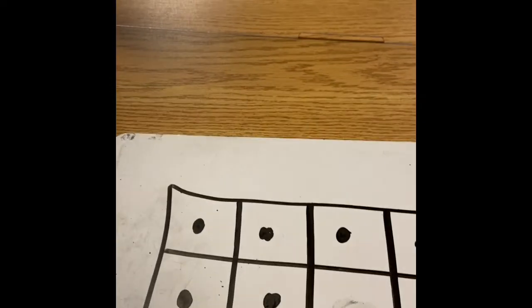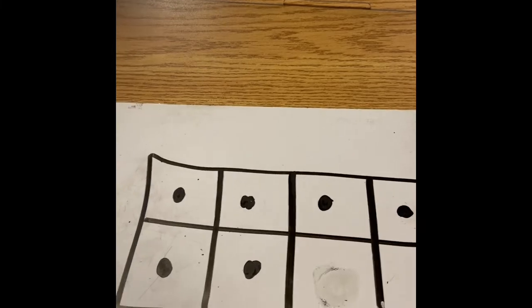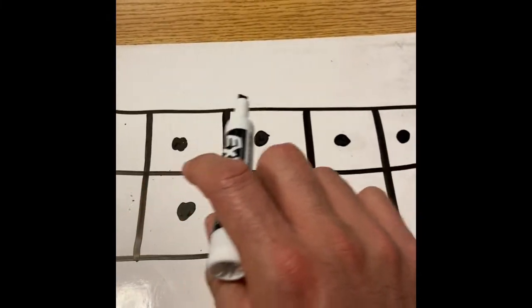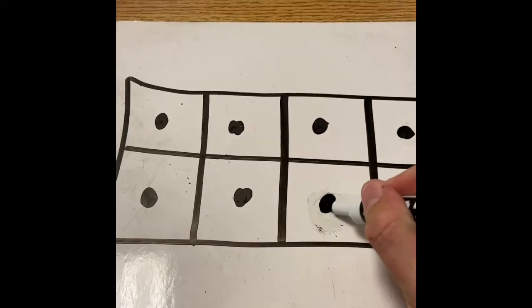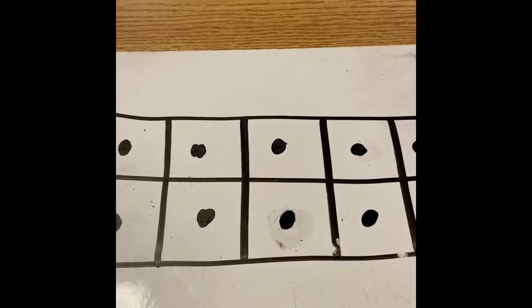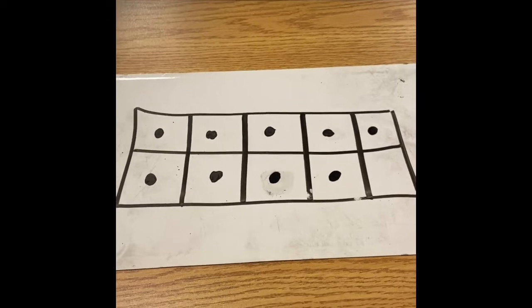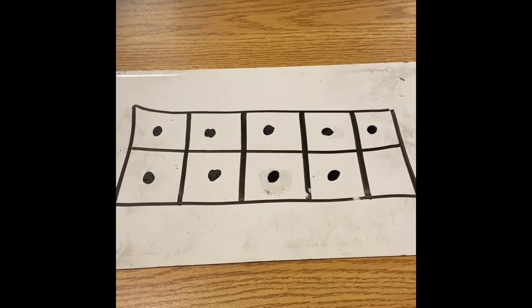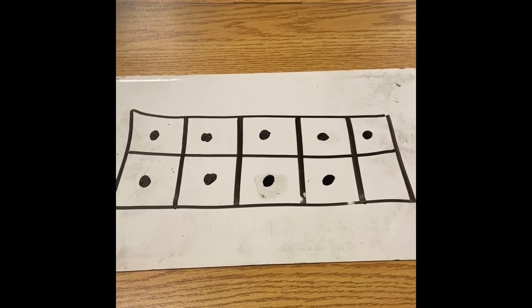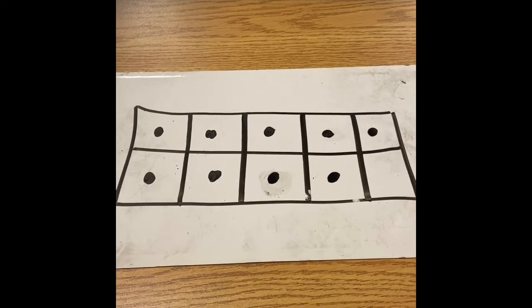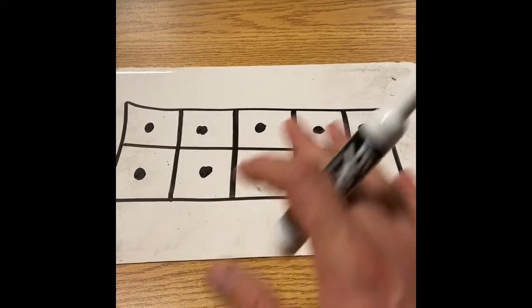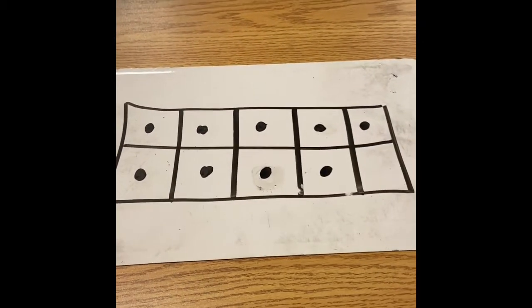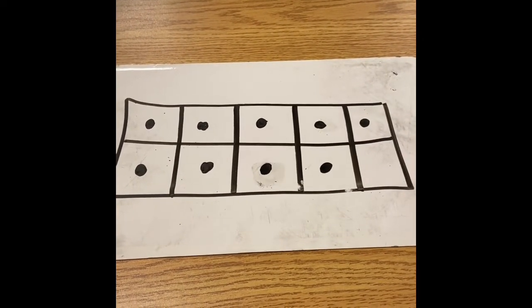Now, I'll put, so I got 1, 2, 3, 4, 5, 6, 7, 8. How many do I have now? That's correct. I have 9 on my tens frame now. Okay? The easiest way that we could see this and know that it is 9 is because we have a tens frame.